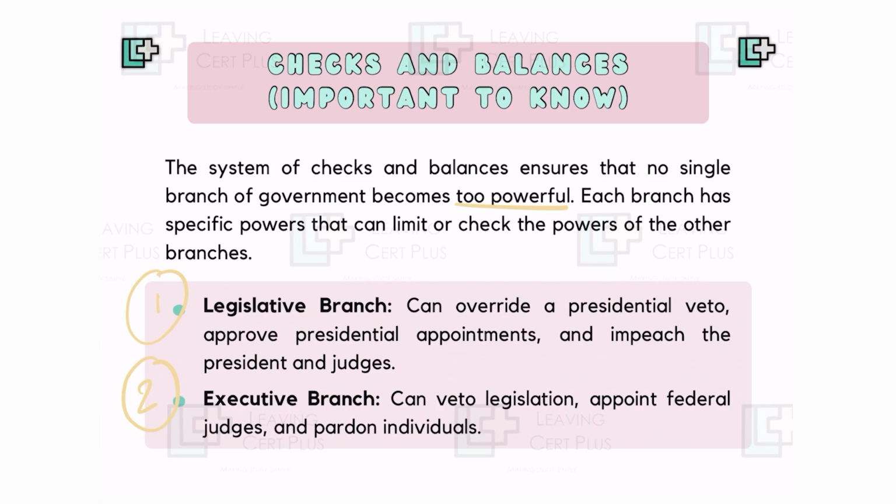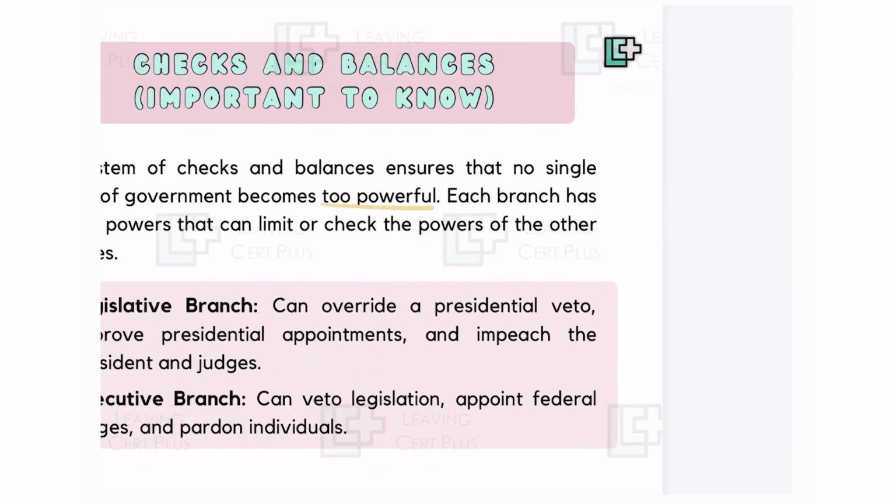The executive branch, which is led by the president, can veto legislation, appoint federal judges, and even pardon individuals. It should be noted, and we'll come to this in a second, that the legislative branch is led by the House of Representatives and the Senate.